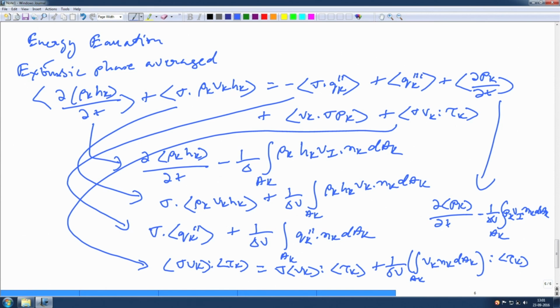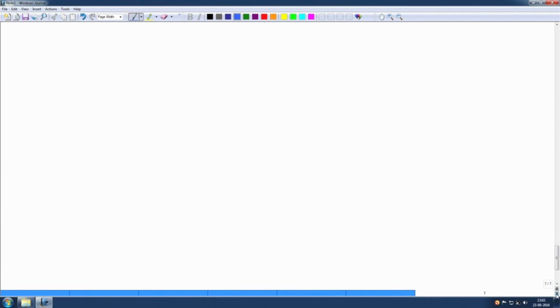Each and every individual term is in this way taken care of, and if we neglect the dispersions, which we have done in the case of continuity as well as in the momentum expression, that is an important part, because if we neglect the dispersion part, then all those additional quantities will just go off.